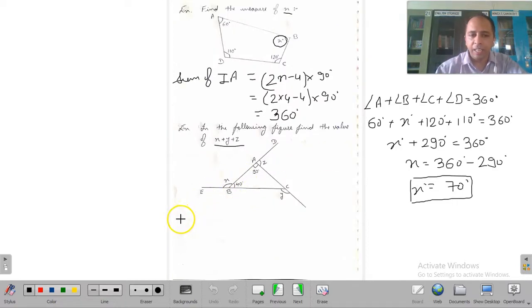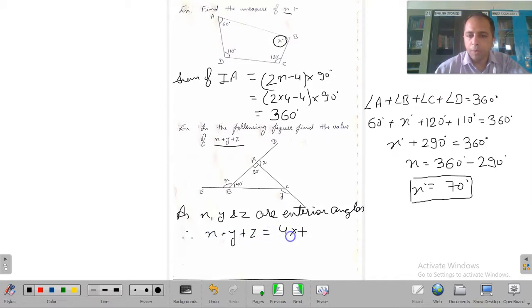So we can directly write that as x, y and z are exterior angles, therefore x plus y plus z is equal to 4 multiplied by 90 degrees. That means 360 degrees. So we can directly find out their value.